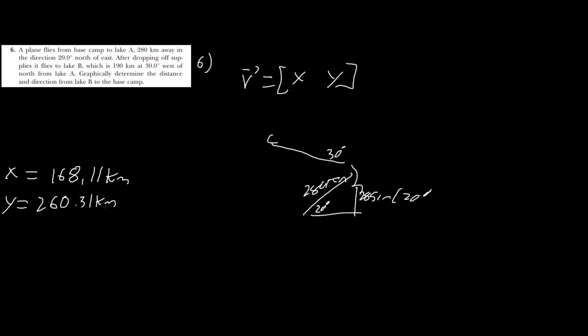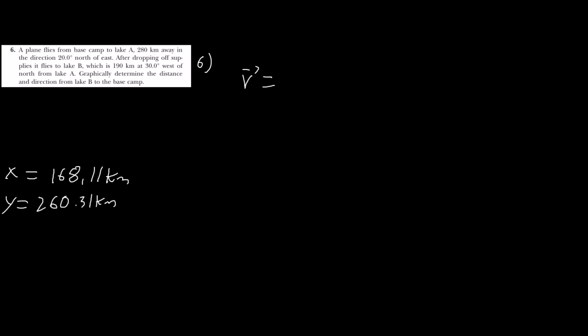There's your x and y, folks. So the vector is 168.11 kilometers and 260.31 kilometers.